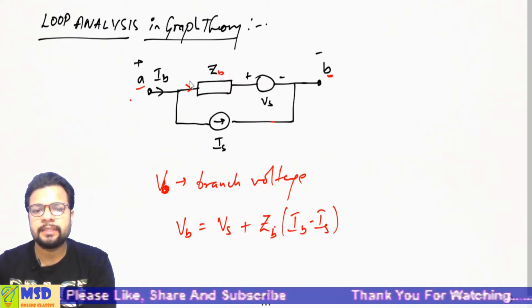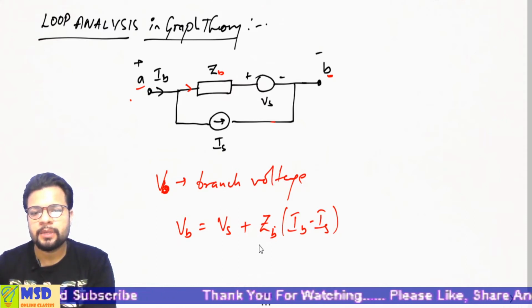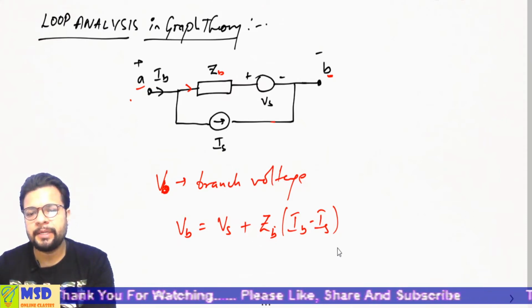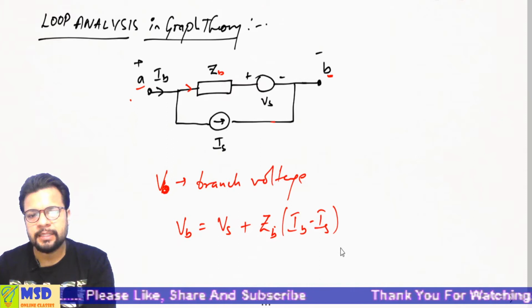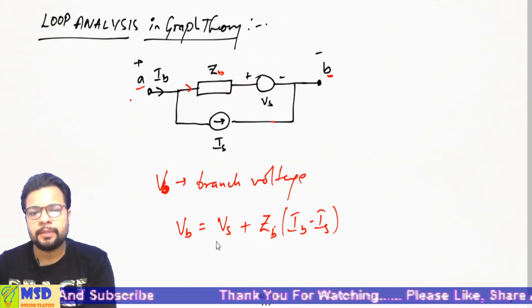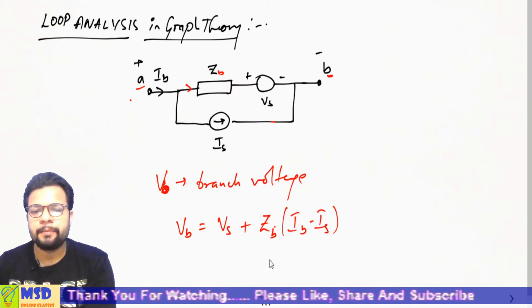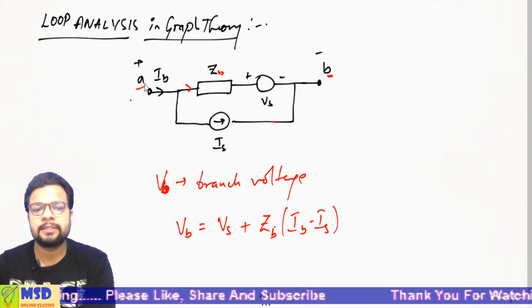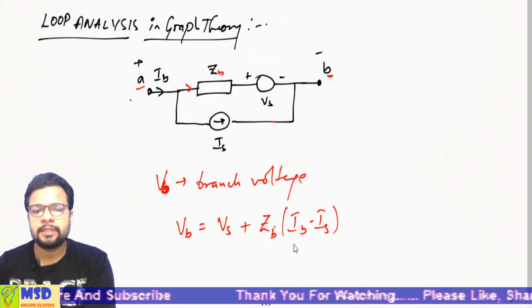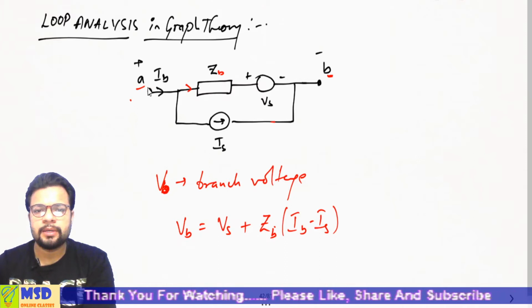So the drop in this impedance is given by Ohm's law, and it is ZB into the current flowing through that impedance element. So this is the drop across ZB plus Vs, and this is the total potential across the branch.